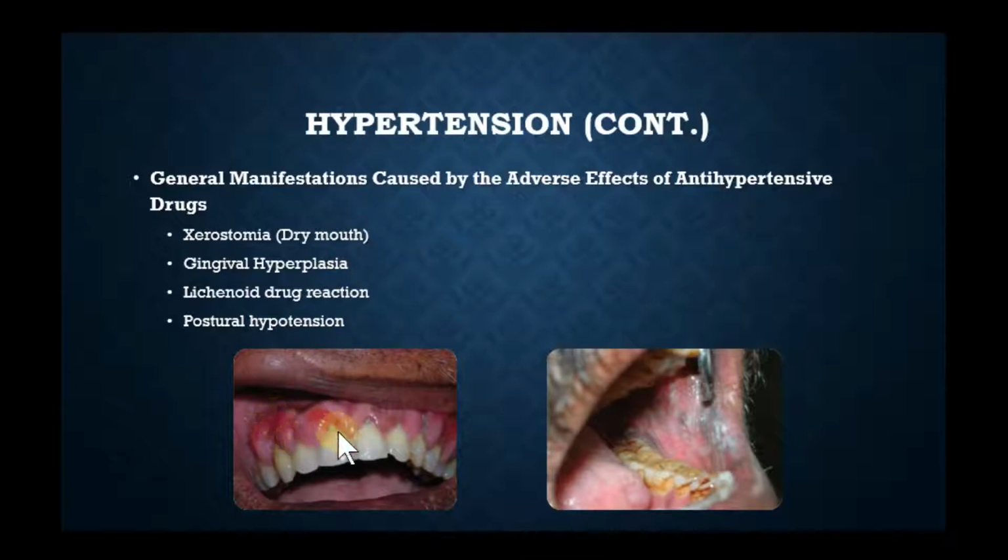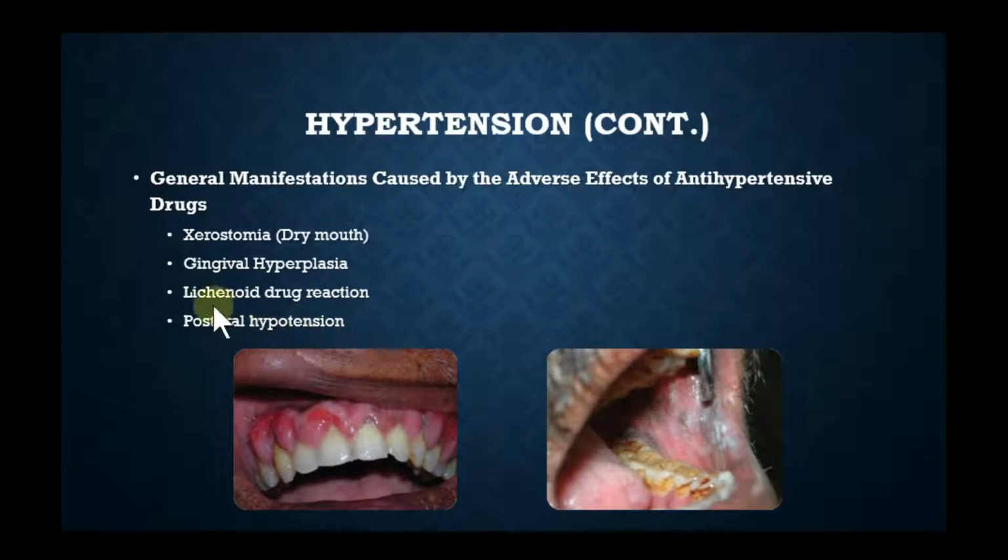Gingival hyperplasia is dose related, and sometimes we might refer the patients to their physician to adjust the dose or change the medications to get rid of this side effect. Lichenoid drug reaction can be caused by many of the antihypertensive drugs and manifests as white patches, sometimes on the cheek, on the buccal mucosa. These include thiazide diuretics, furosemide, propranolol, and captopril.